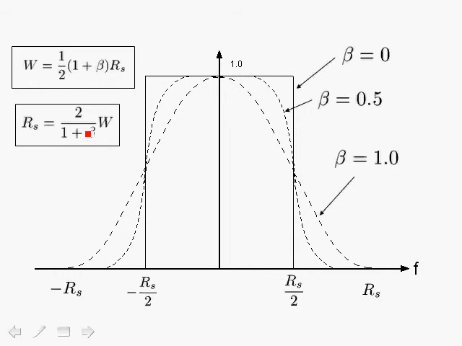So that is a basic trade-off. Many times systems will be designed with beta equal to 0.5, or 50% excess bandwidth, or even less, and the system is designed such that it tolerates the timing jitter and we still achieve the performance we require, but at the same time we achieve higher throughput.